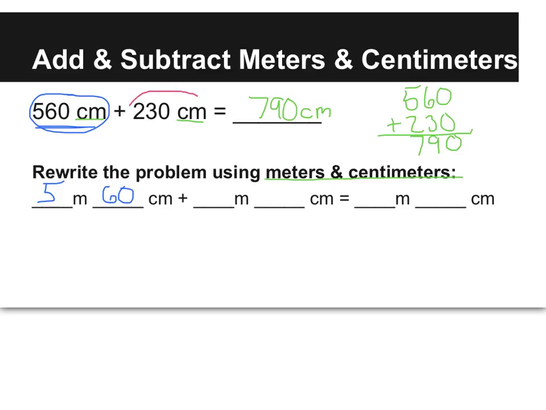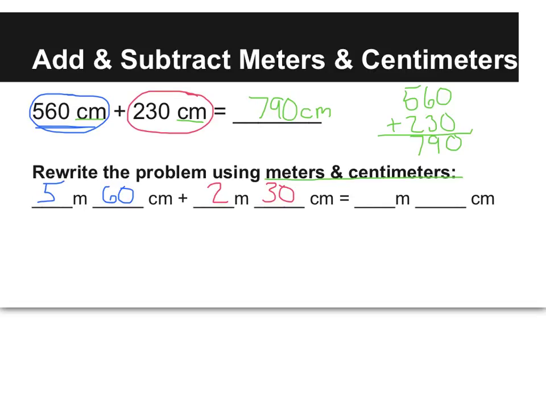For the second part of my addition problem, 230 centimeters, I can write it as 2 meters. 2 meters is the same as 200 centimeters, and then I have 30 centimeters left over. 5 meters, 60 centimeters, plus 2 meters, 30 centimeters equals blank meters, blank centimeters.